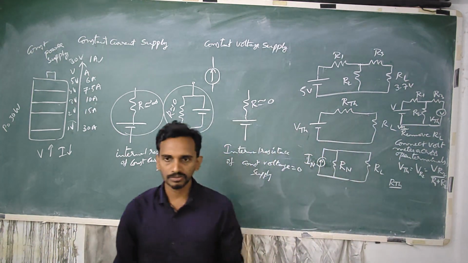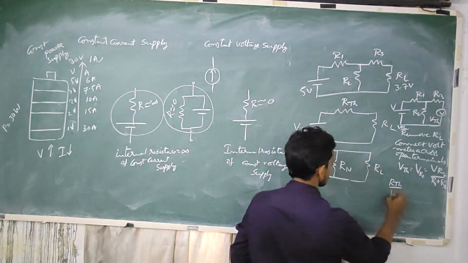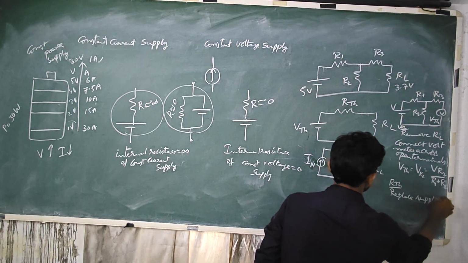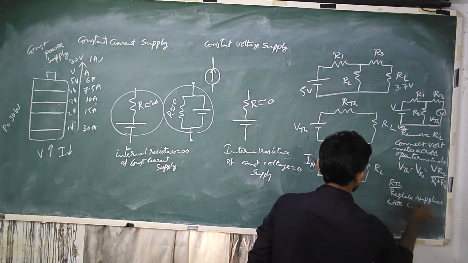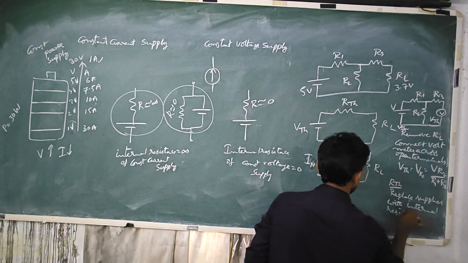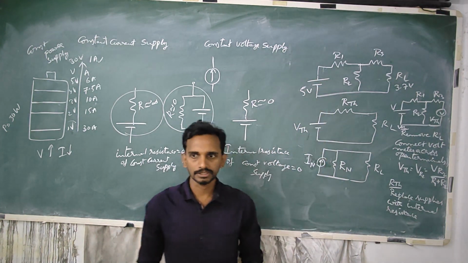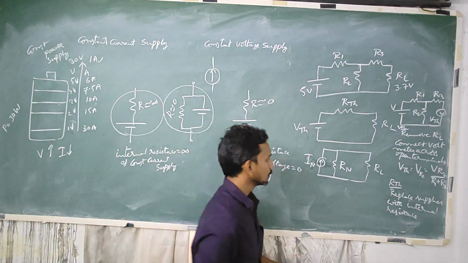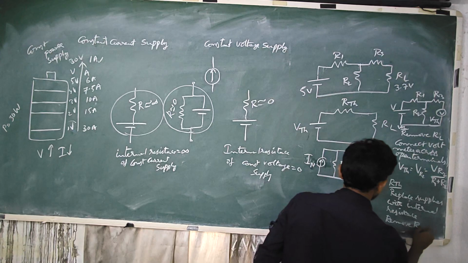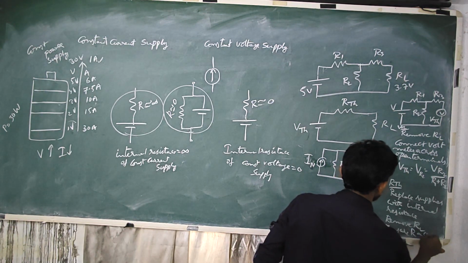To measure the resistance, we have to replace all the supplies with their internal resistance. So we have to replace the voltage supply with its internal resistance, remove RL, and measure resistance across the open terminals.